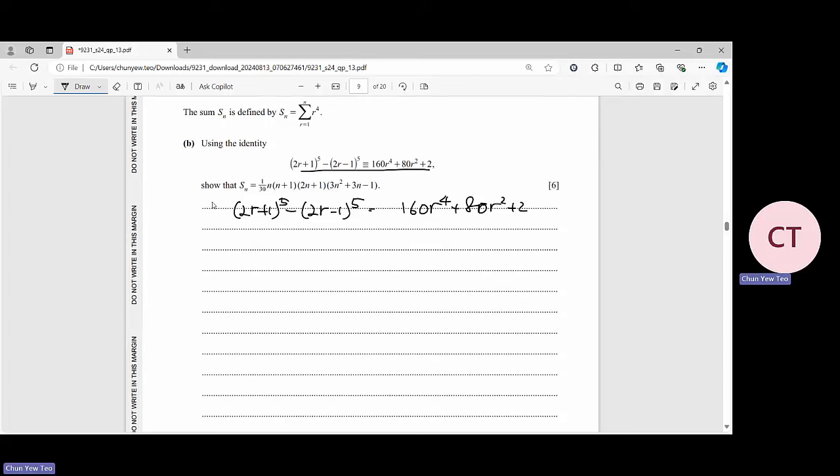We just put the sigma over here, from r equals 1 until n.